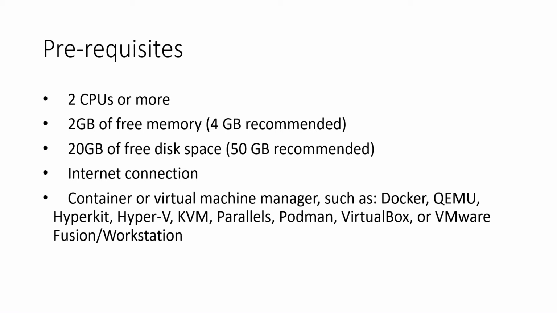You need a valid internet connection and a container runtime, for example Docker, VirtualBox, VMware, any sort of virtualization capability. So that's all. Now pull up your devices and let's get started with the installation.